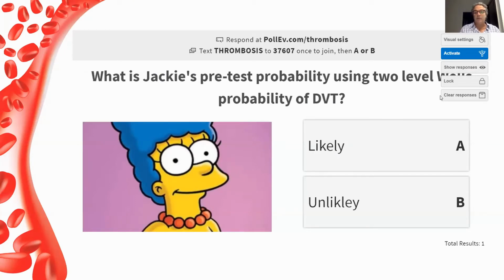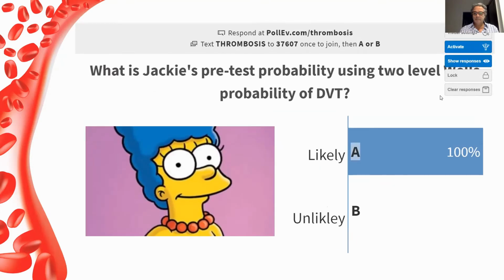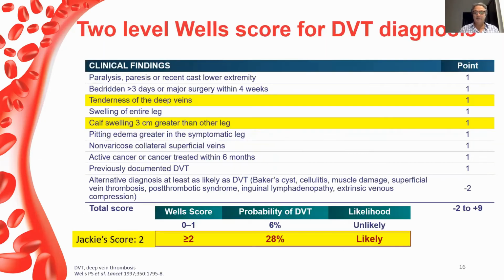What do you think her probability of DVT is? Likely or unlikely? It's pretty easy. This is a DVT talk. Okay, brilliant. Yes, likely, because we're talking about VTE.